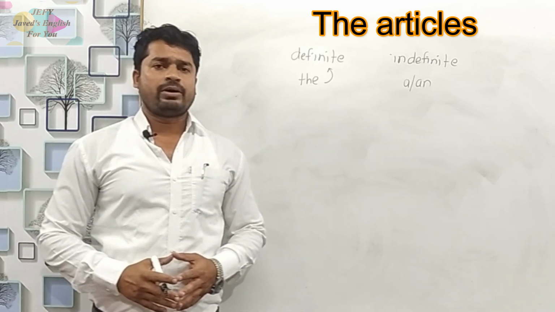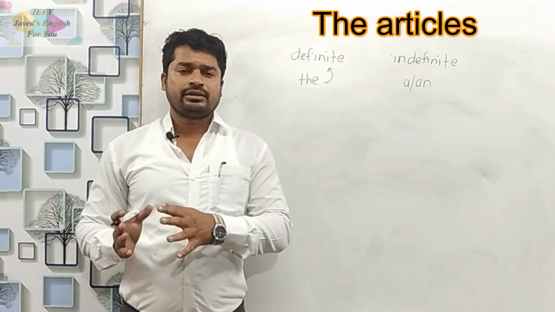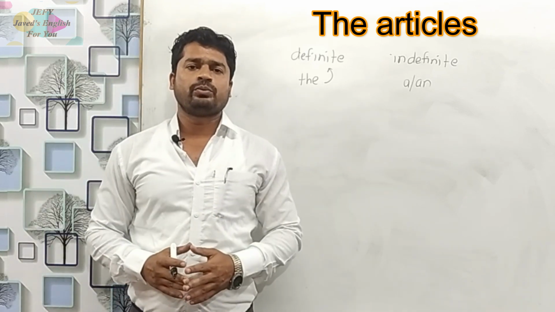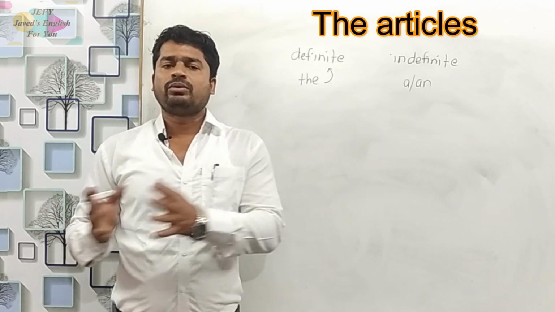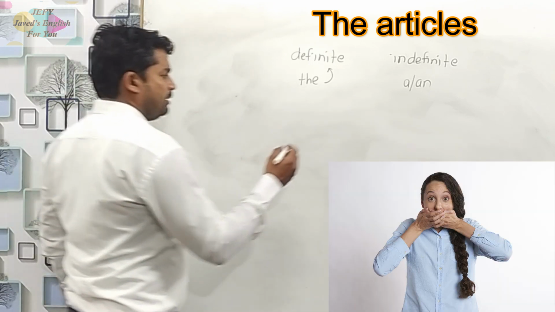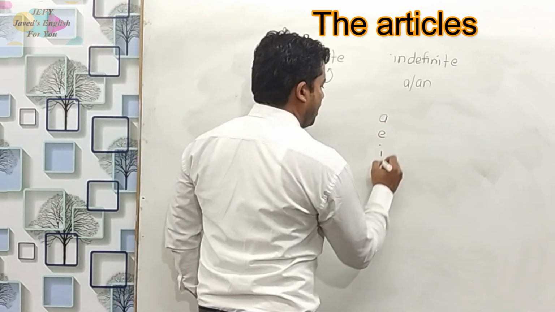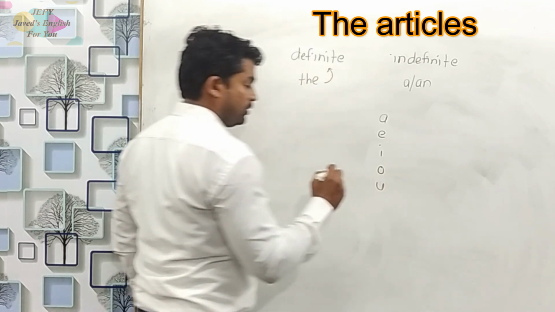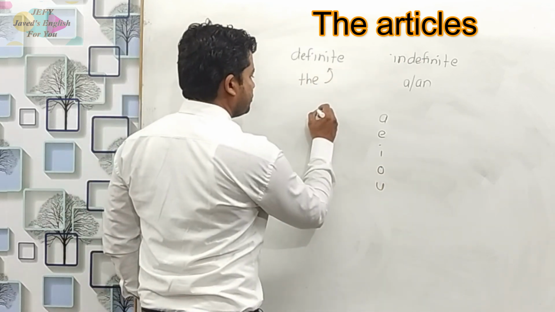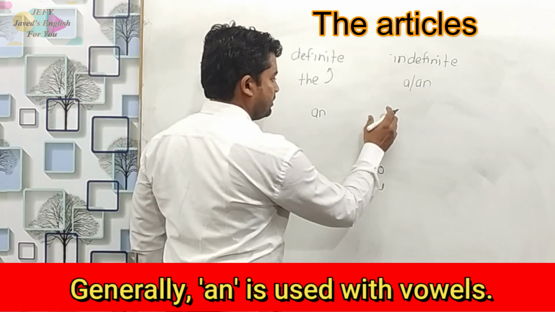What we are going to talk about here is the use, and the use doesn't depend on whether a letter is a vowel or a consonant. Let's see. Now if we write 5 vowels, A, E, I, O and U, we know that we can use an for a word that begins with these vowels.